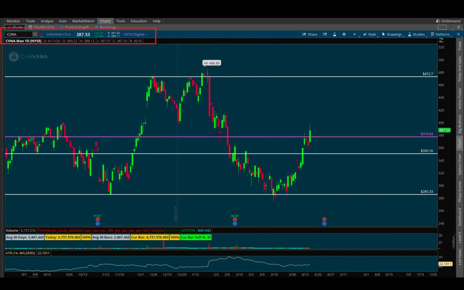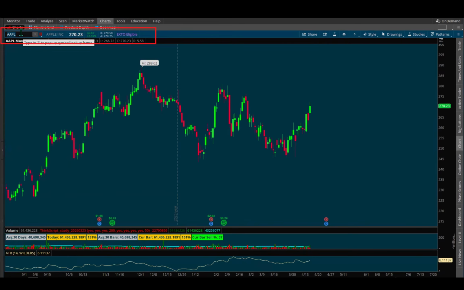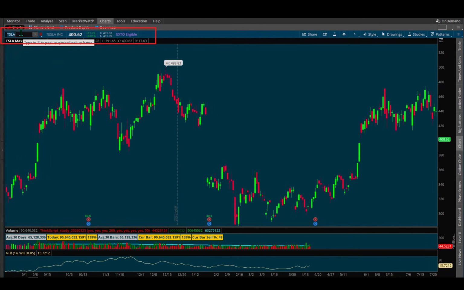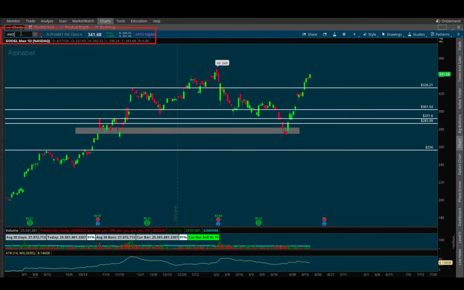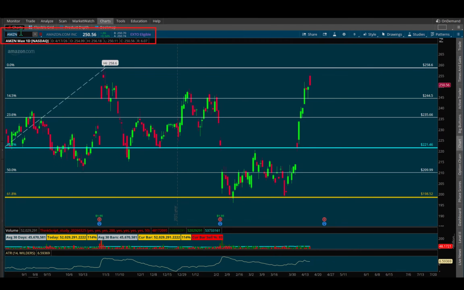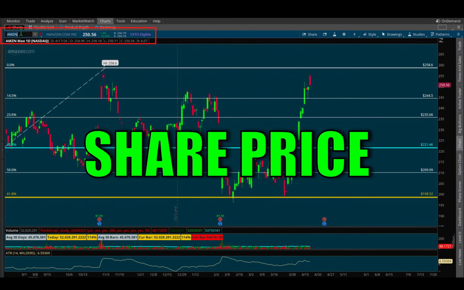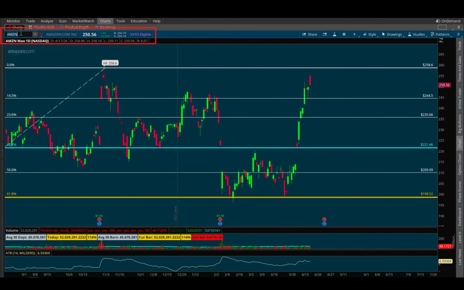So when you type in the ticker CVNA, this is Carvana, AAPL, Apple stock, Tesla, TSLA, Google, Amazon, right? Very straightforward stuff. This is the share price for the underlying stock or the public company. Okay, so not to be confused with options, which we're going to show you in a moment. So this is your ticker in your upper left-hand corner.